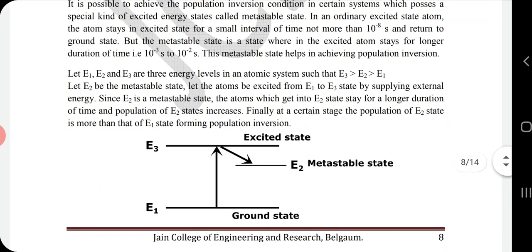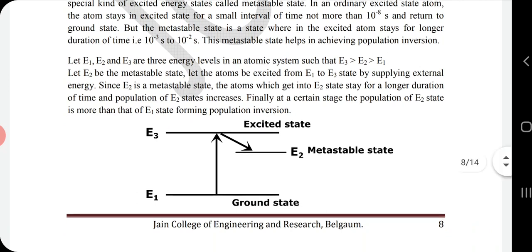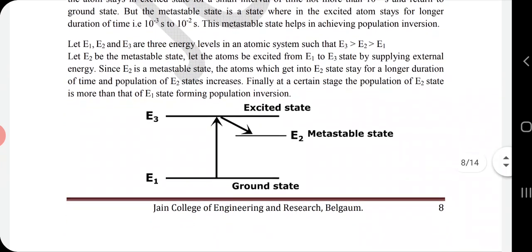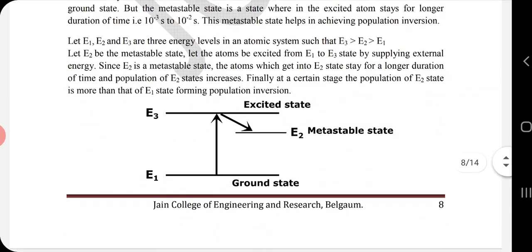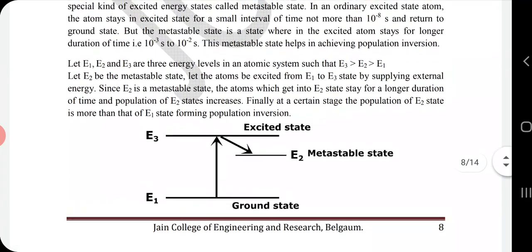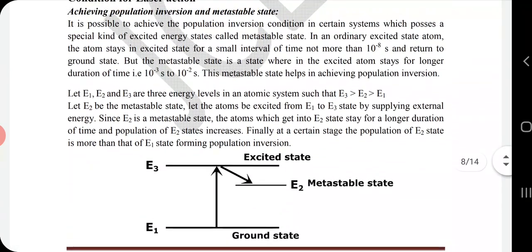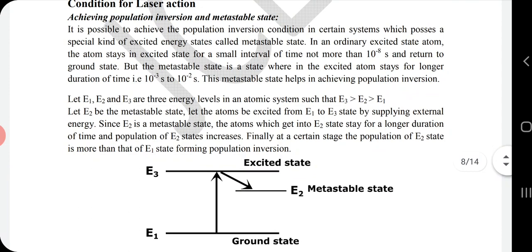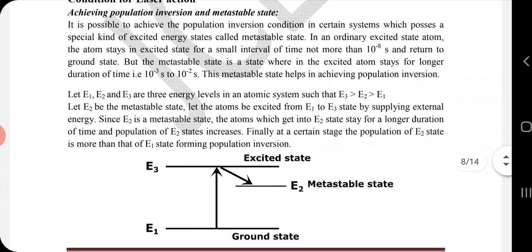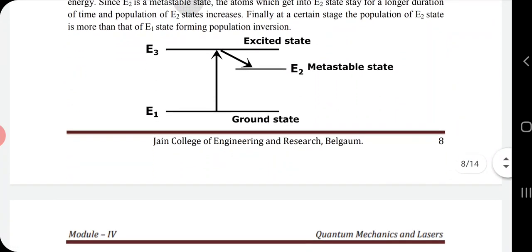When population inversion is achieved, lasing takes place, that means stimulated emission takes place. This state wherein the atoms stay back for a longer duration, 10 to the power minus 3 to 10 to the power minus 2 seconds, is called the metastable state.